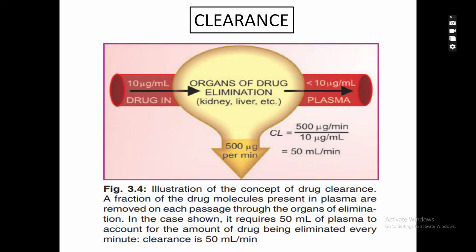So for 500 microgram per minute, the kidney needs to filter 50 ml of blood per minute. So the clearance is basically the amount of blood from which the drug is cleared off per unit time.